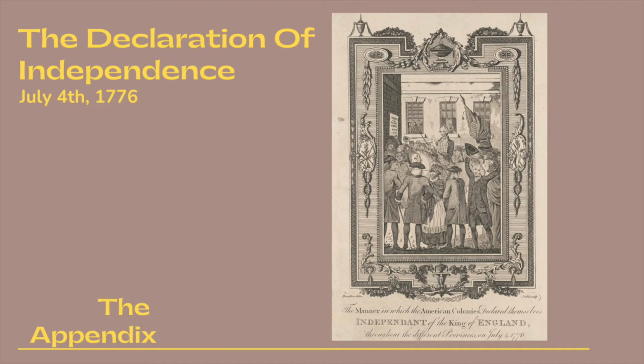He has made judges dependent on his will alone for the tenure of their offices and the amount and payment of their salaries. He has erected a multitude of new offices and sent hither swarms of officers to harass our people and to eat out their substance. He has kept among us, in times of peace, standing armies without the consent of our legislature. He has affected to render the military independent of and superior to the civil power.